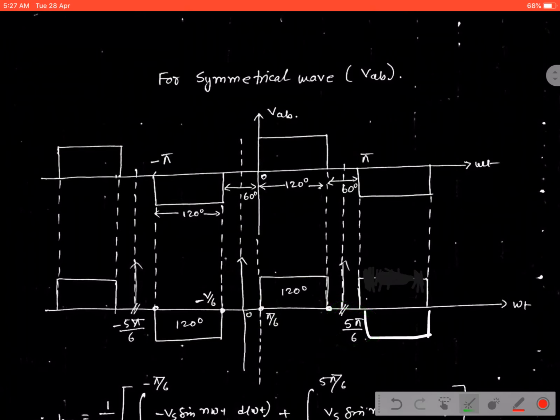Because once we shifted the axis this way, every point should be shifted in this way. That means previously it was defined by pi, right now this point is defined by 5 pi by 6. Similarly, the same thing happens in this case also, that is minus pi by 6.